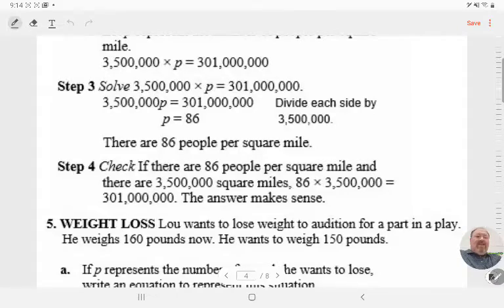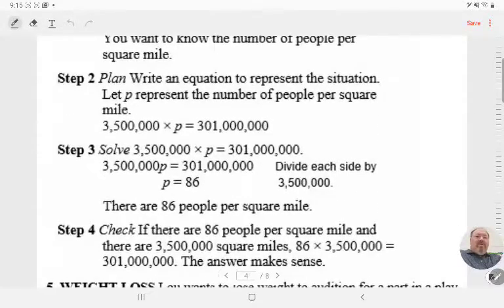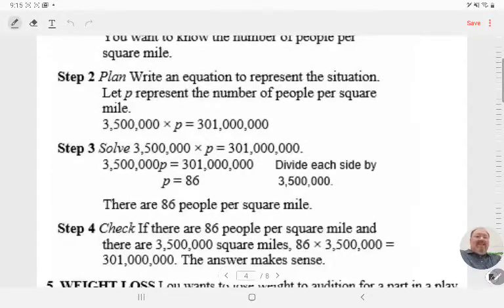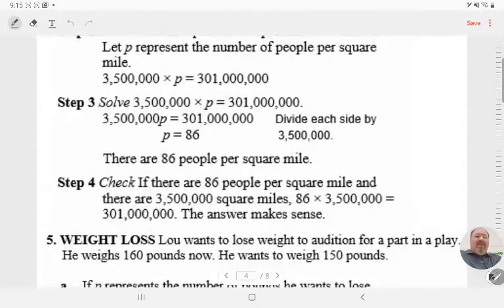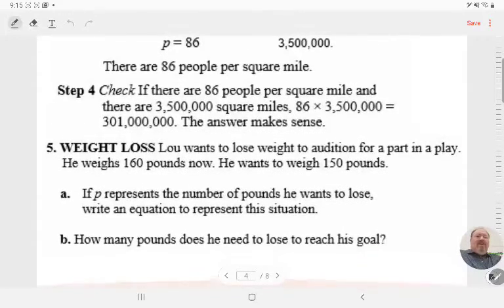And then to check that, all I have to do is go back to my original equation, the 3,500,000 times P, plug 86 in for P, multiply it out, and it should equal 301 million. And it does, so that would be the correct answer. All right? You can try 5, see what you come up with, and then we'll go over it together.